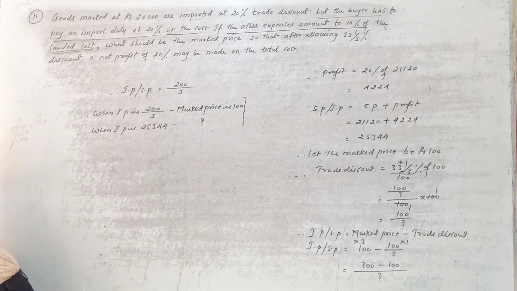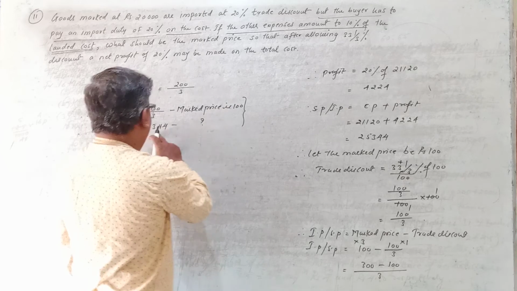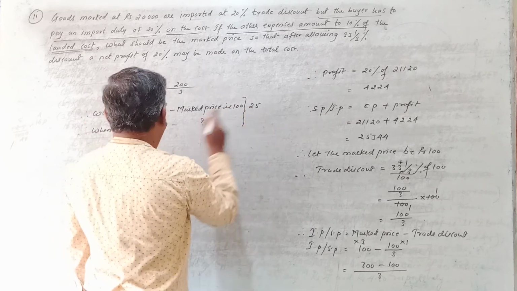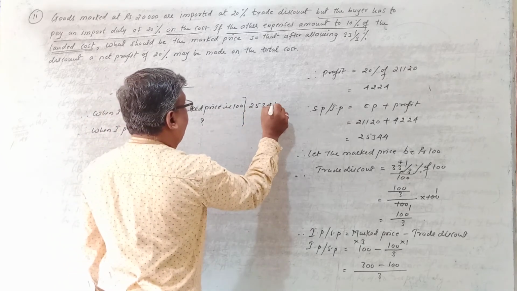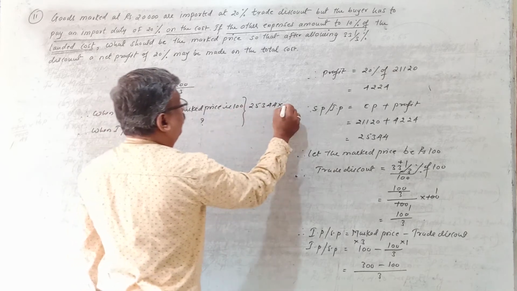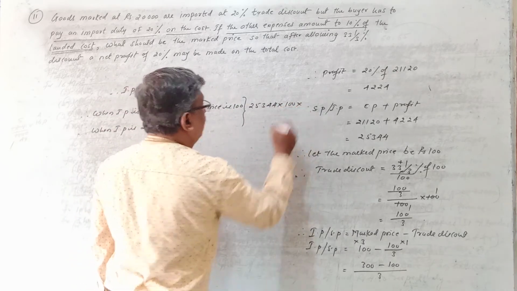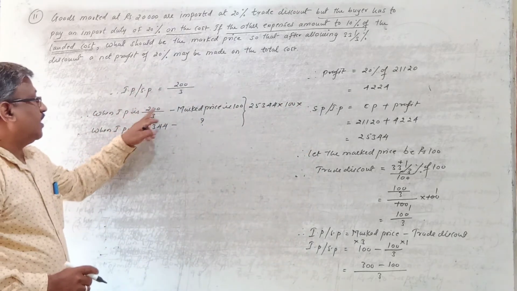So mark price comes to 25,344 into 100, and is divided by 200 upon 3.